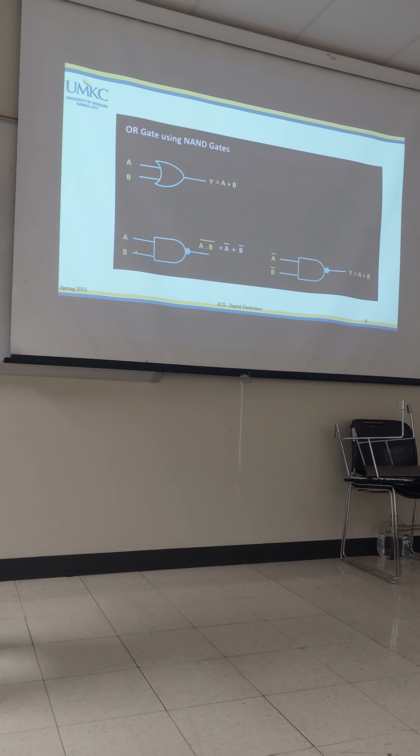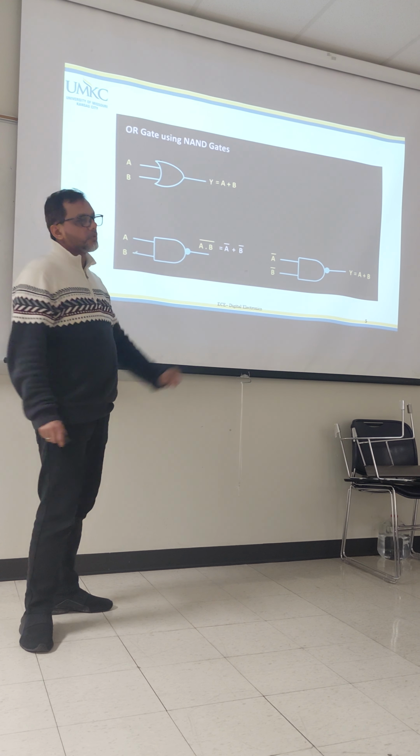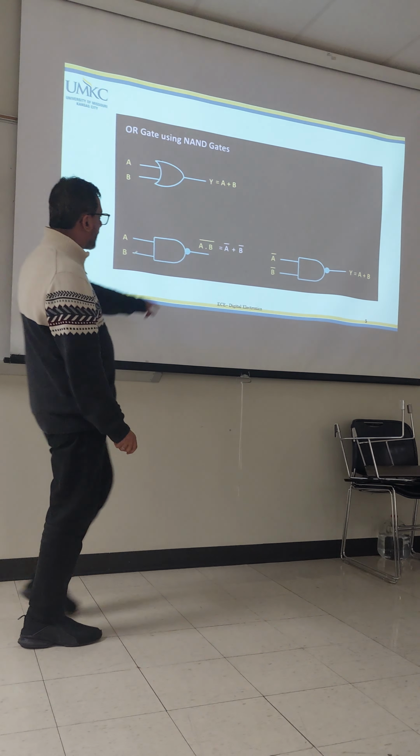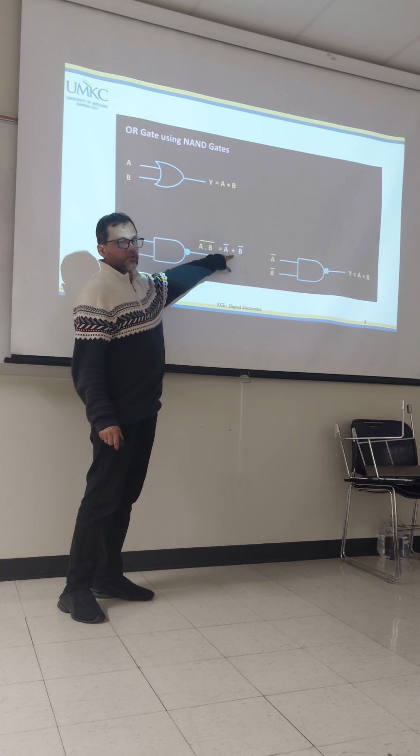OR gate. Usually the output of the OR gate is the summation or addition of two variables or multiple variables, right? A plus B. So we can implement this, and this is my NAND gate. We can use De Morgan's law here, right? De Morgan's law: A dot B whole bar equals A bar plus B bar.